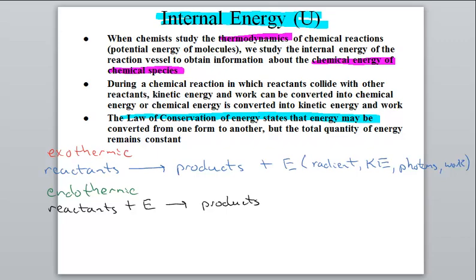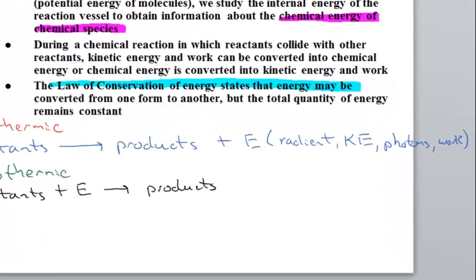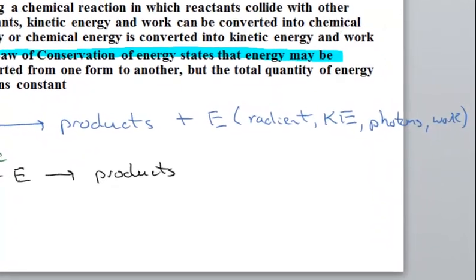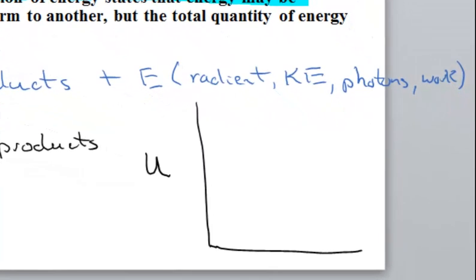So when chemists study thermodynamics, they're really looking at that flow of energy. Reactants have a certain amount of internal energy, and the products have a certain amount of internal energy. So we could make a diagram, U, that's the internal energy, and the reactants would be at some internal energy level. If the flow of energy is going into the reactants, then the products would have a higher internal energy.